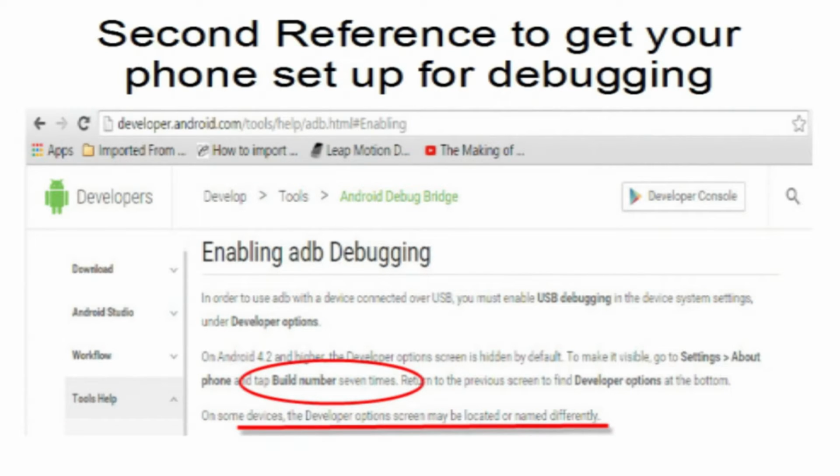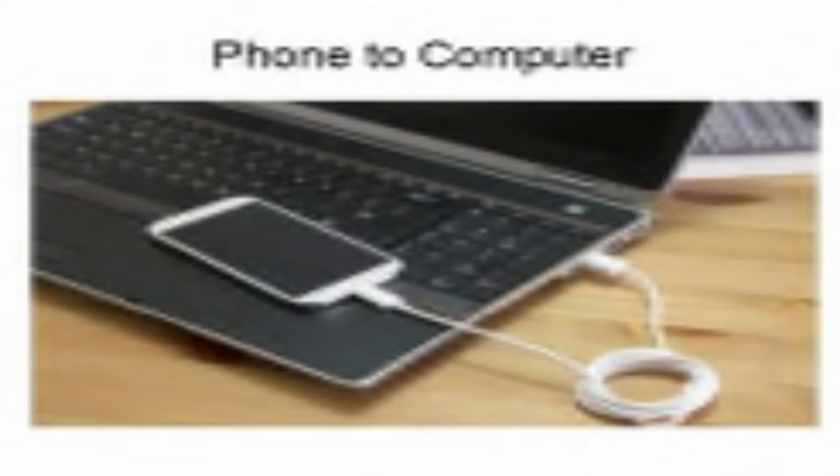So I turned USB debugging on my phone. And if it gets really esoteric, at one point I had to find the build number of my phone, and I had to tap it 7 times, not 6 times, but 7 times. What a way to reprogram your phone, tapping it 7 times.